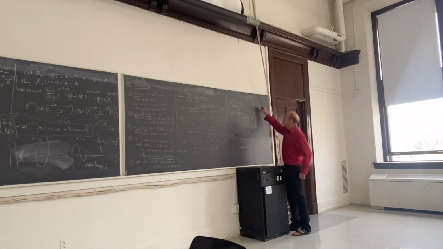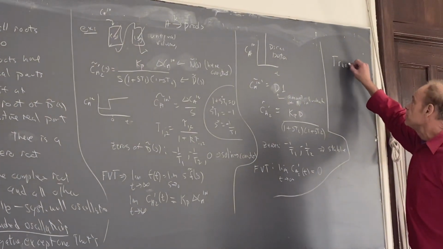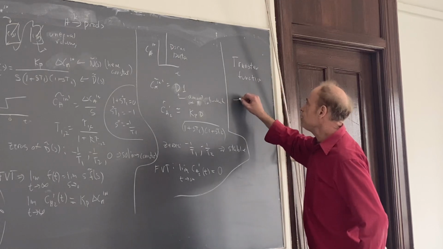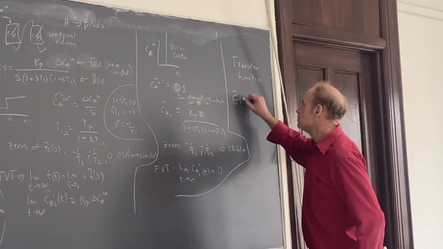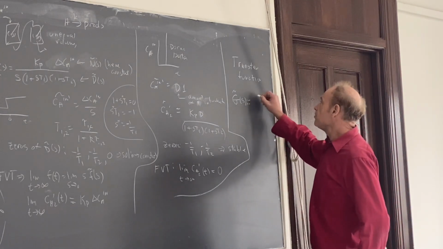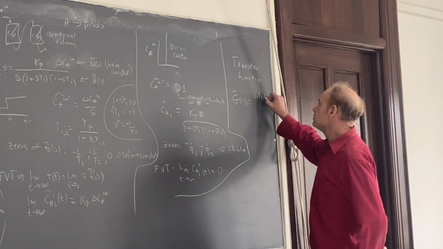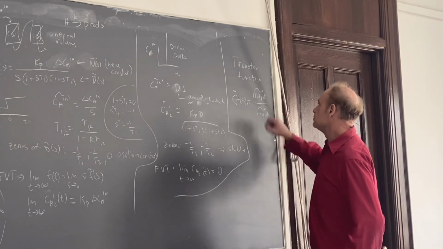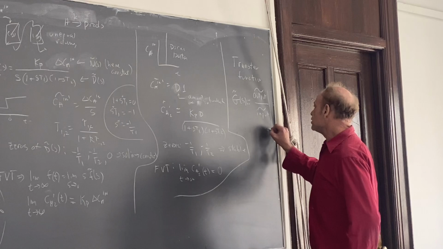So we're going to define something called the transfer function, G tilde of s. This is defined as an output variable divided by an input variable when the initial condition is 0.